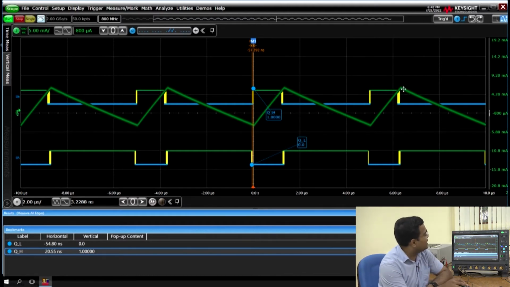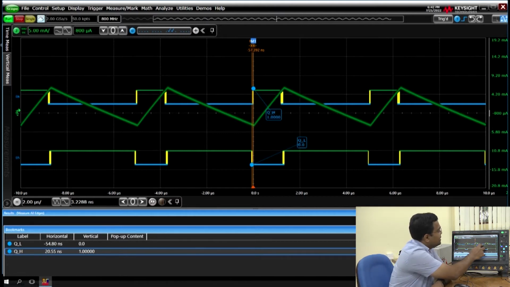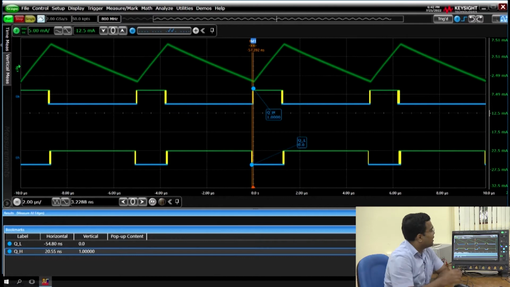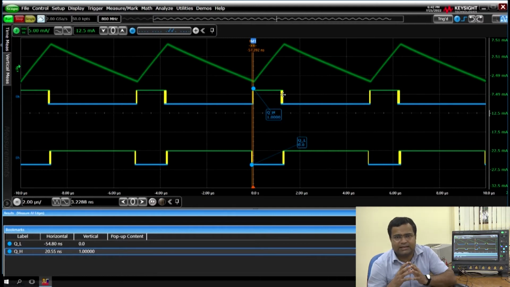On the other hand, here you can see there are two signals. Below the current waveform, the first one is the high side gate pulse, because we are talking about a synchronous buck converter where we have both a high side MOSFET and a low side MOSFET, and as you know, in a practical converter we need to provide a dead time to avoid shoot through current.